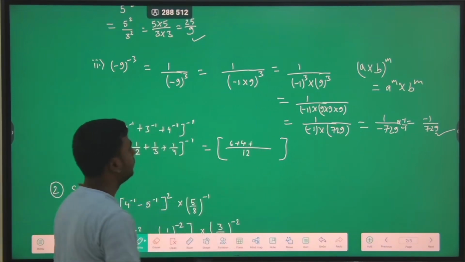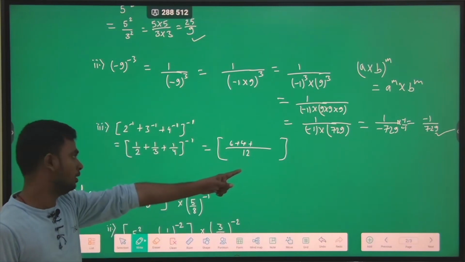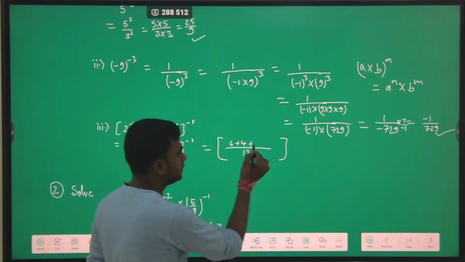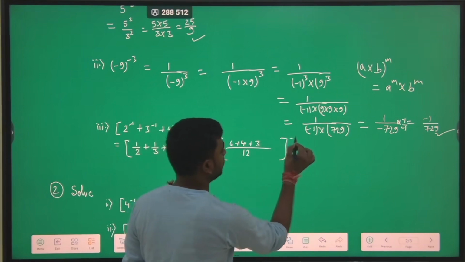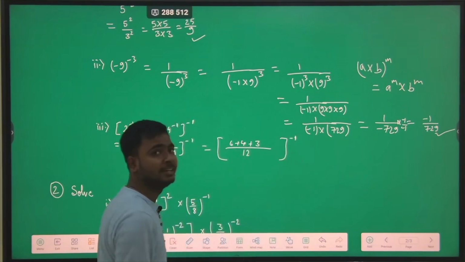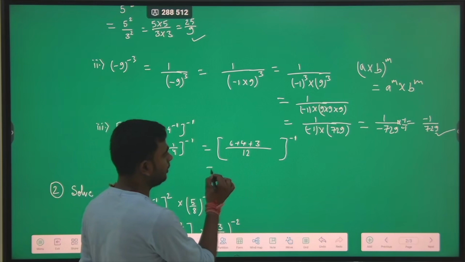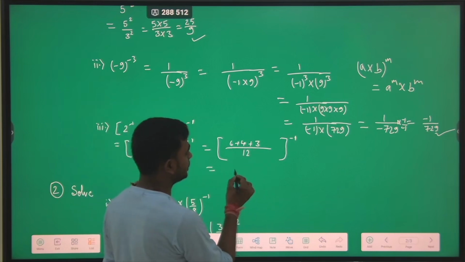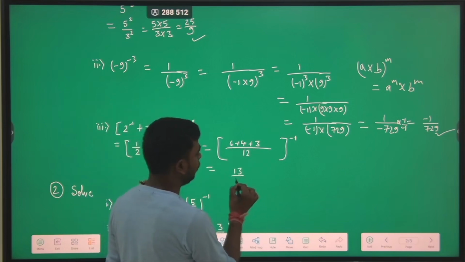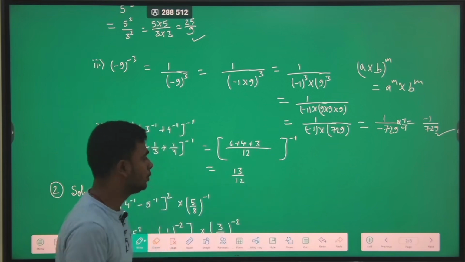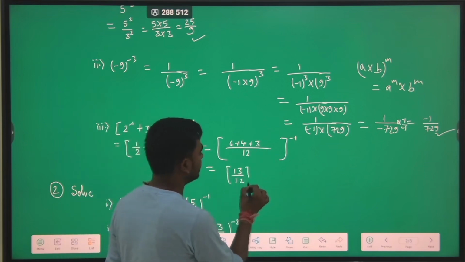And the third, 4 multiplied with 3 will give 12, so 1 will be multiplied with 3, so we will get 3. And this whole will be under inverse. So what we will get? 6 plus 4 is 10, 10 plus 3 is 13, 13 upon 12 inverse.